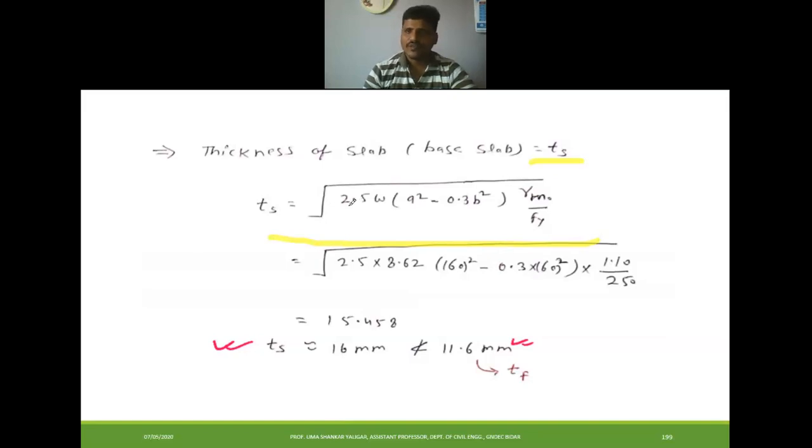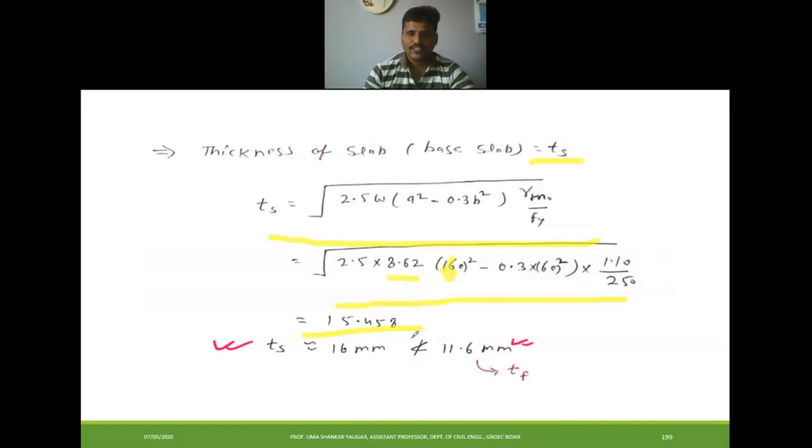The formula is available in your IS 800 code book: t = square root of 2.5 W into (A square minus 0.3 B square) multiplied by gamma m0 divided by fy. W we have already calculated as 8.62. A is 60 mm, and A and B are equal, both are 60 mm. Then gamma m0 is 1.1, fy is 250. If you substitute these values, you will get the thickness of the plate as 15.45 mm.